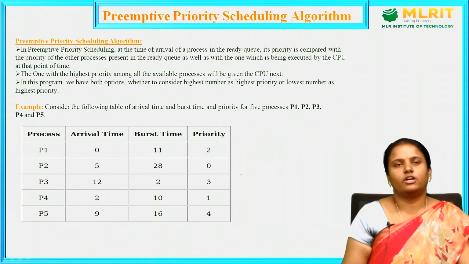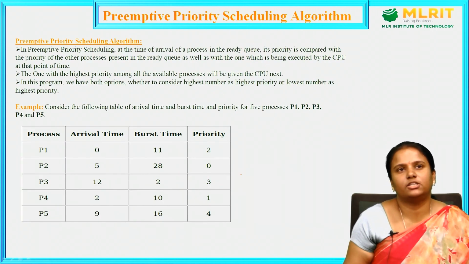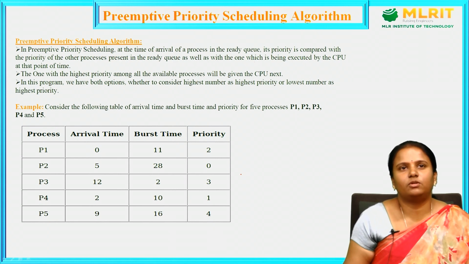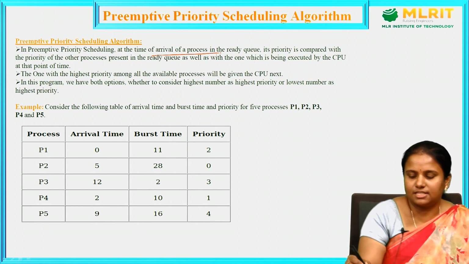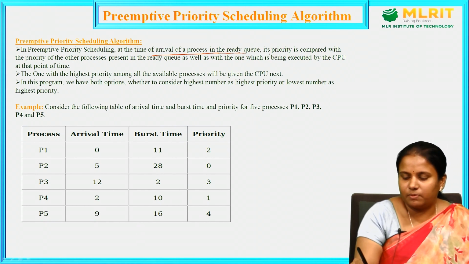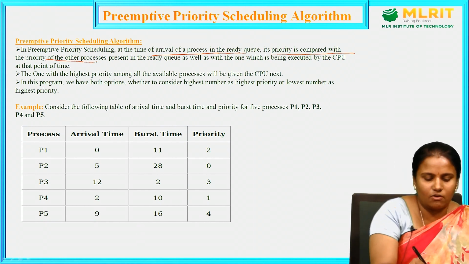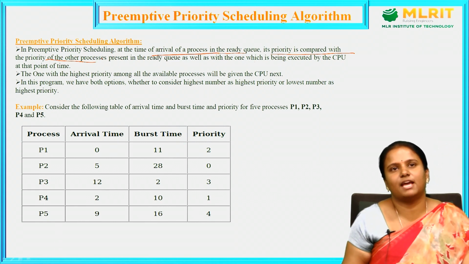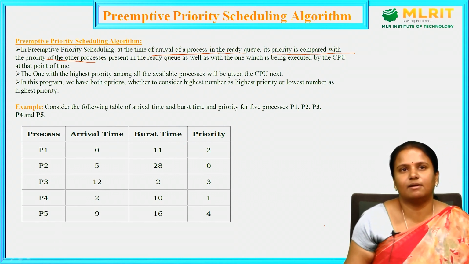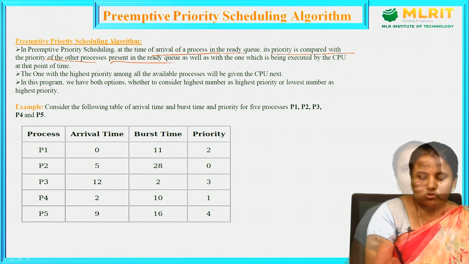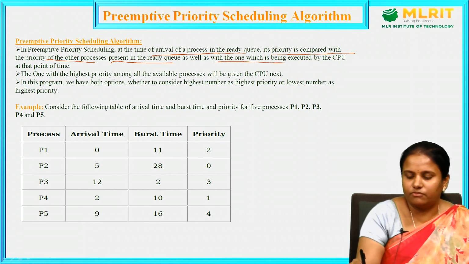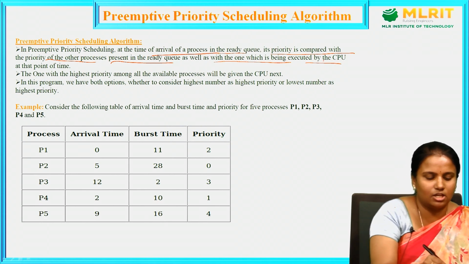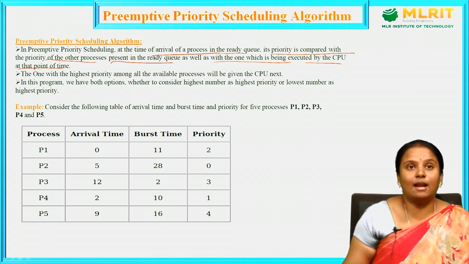Next we are going to see the preemptive priority scheduling algorithm. In this algorithm, at the time of arrival of a process in the ready queue, its priority is compared with the priority of other processes in the ready queue, as well as with the one being executed by the CPU at that point of time.